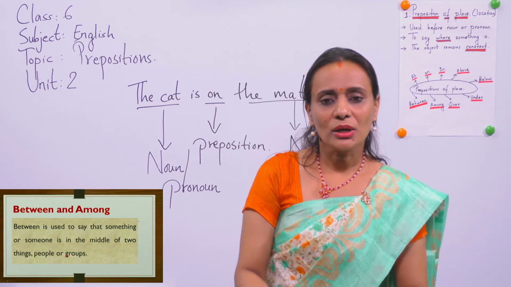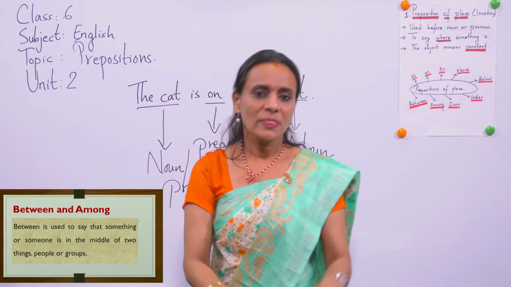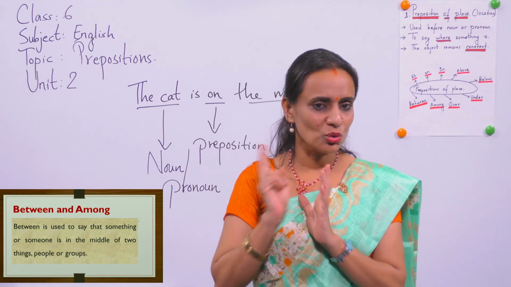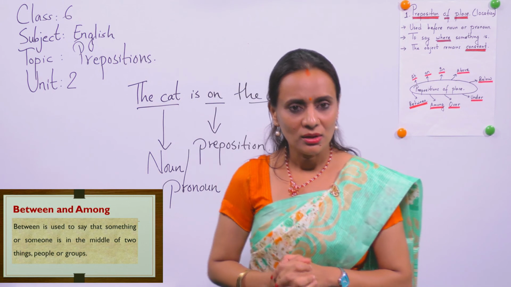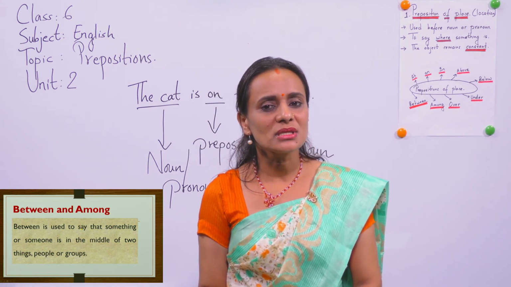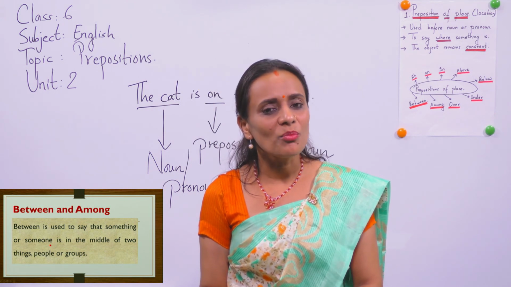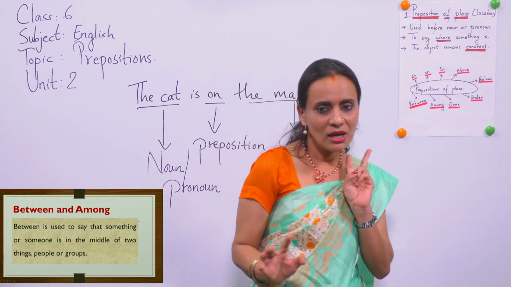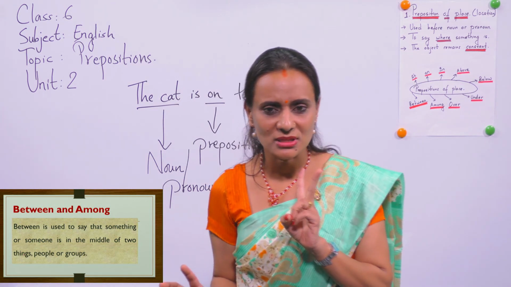Let's see. There are two words again, between and among. Now, first of all, we will go towards between. Between is used to say that something or someone is in the middle of two things, only two things, okay? Remember it, my dear students. How many things?